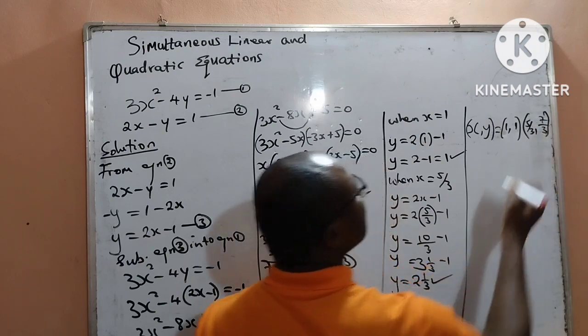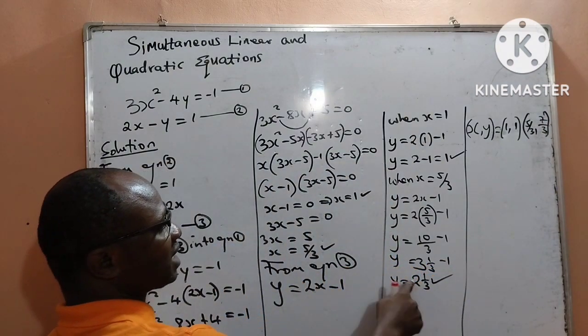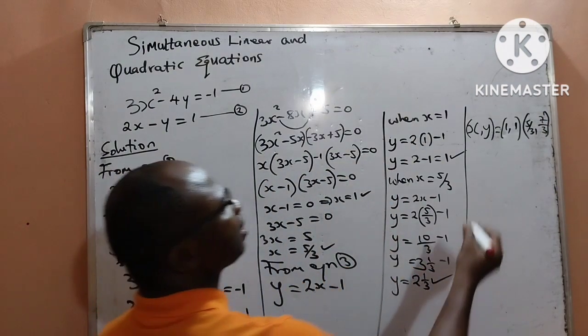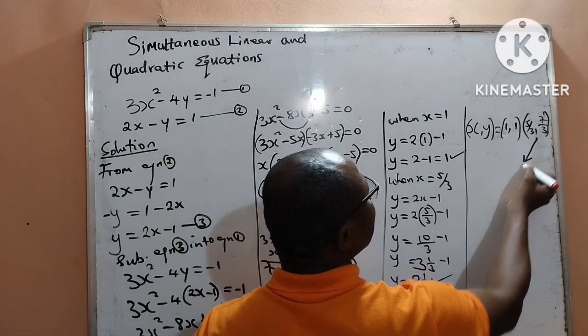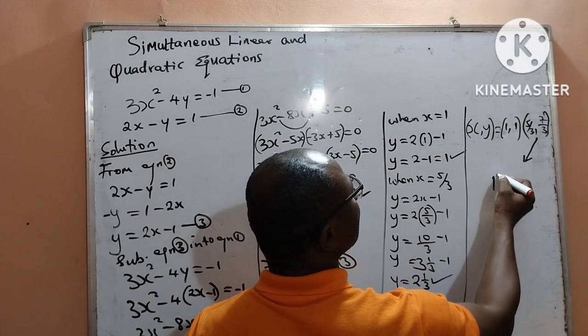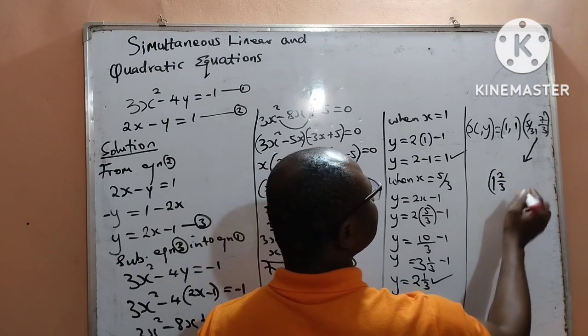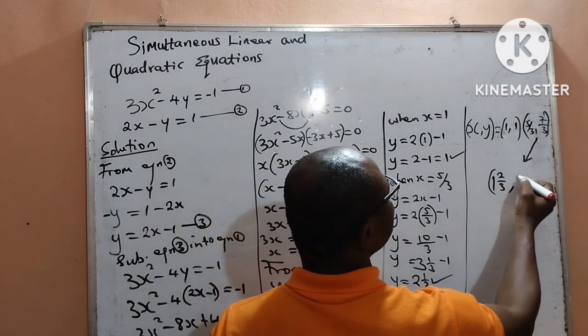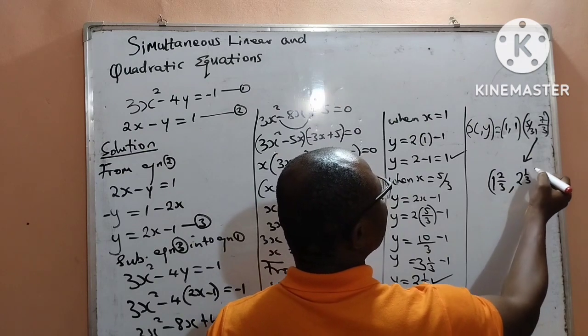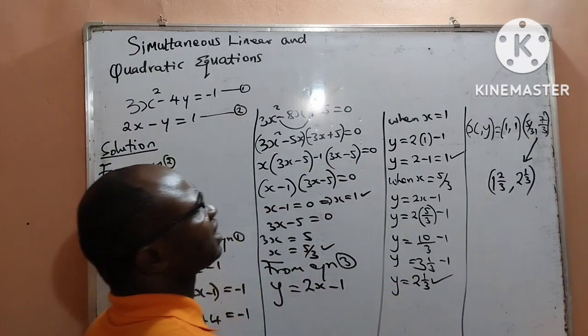What do I mean by 7 over 3? It is 3 times 2 plus 1, or this can also be written as 2 whole number 1 over 3.